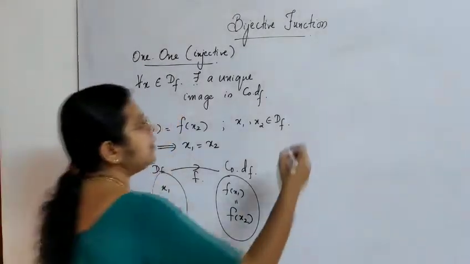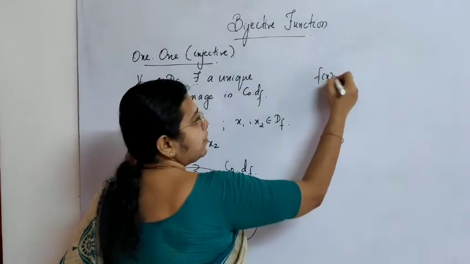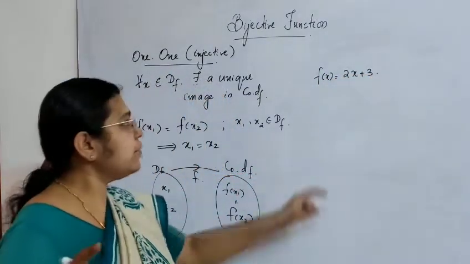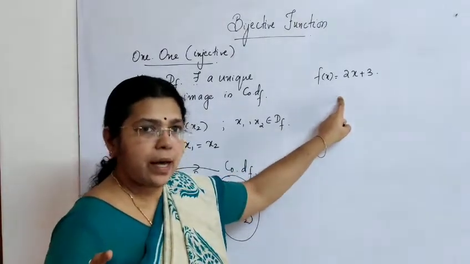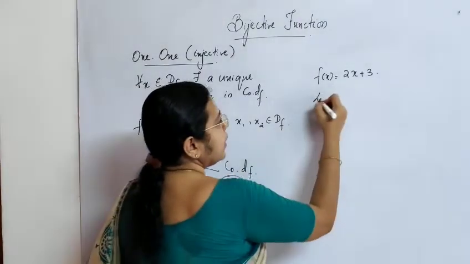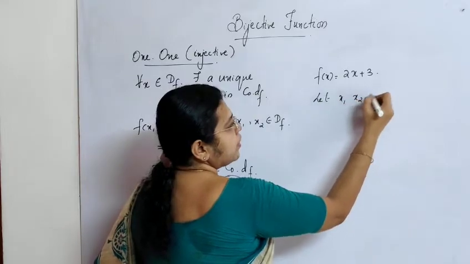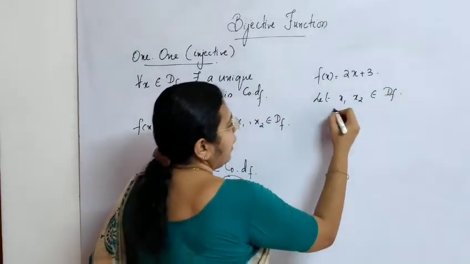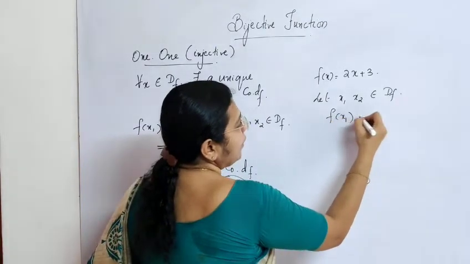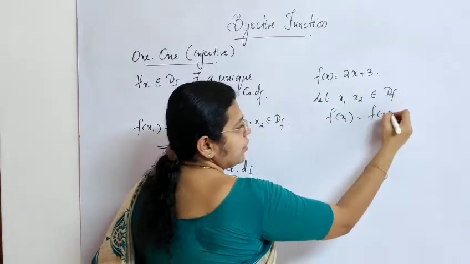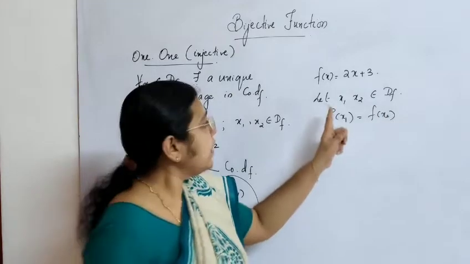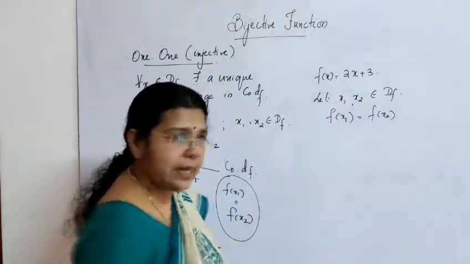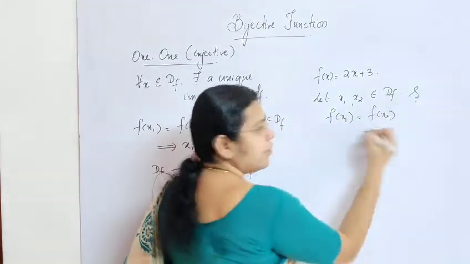For example, say f of x is a function given by 2x plus 3. To check whether this function is 1-1, I take x1, x2 belonging to the domain of the function such that f of x1 equals f of x2.